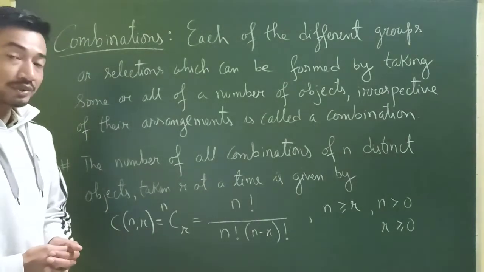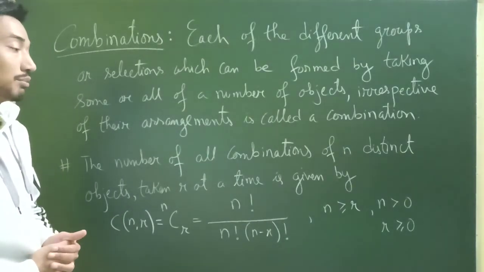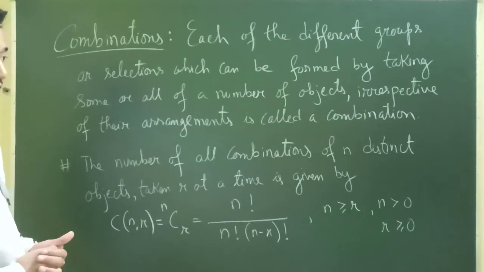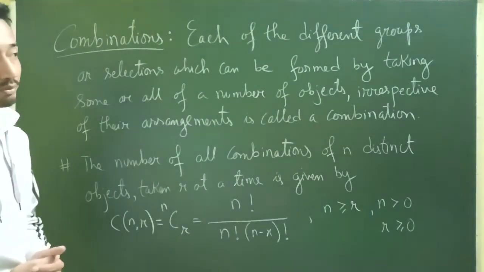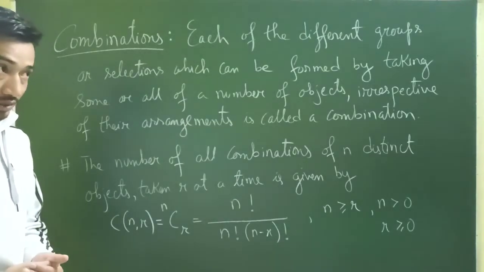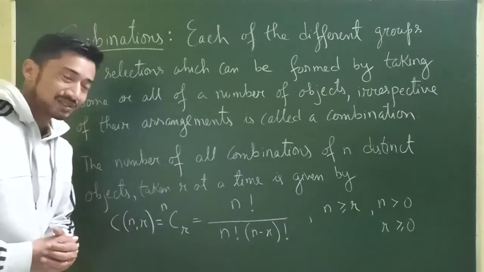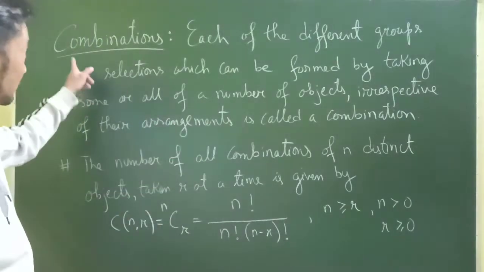We differentiate by reading the question: when it's a problem of selection, it is based on combinations, and if it's a problem of arrangement, it is based on permutations. As we have learned, in combination the order of arrangement is not of big concern. That's what combinations say.